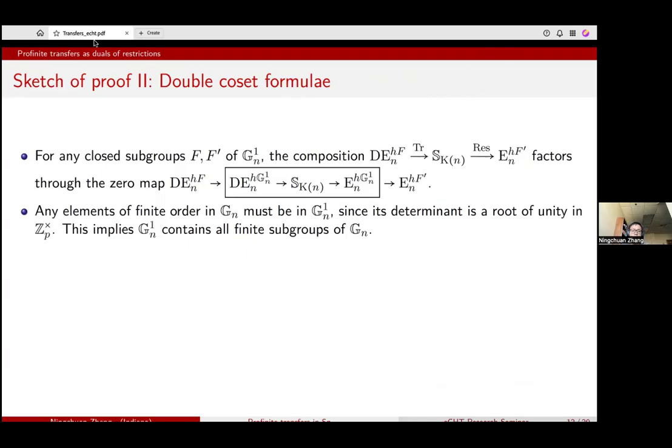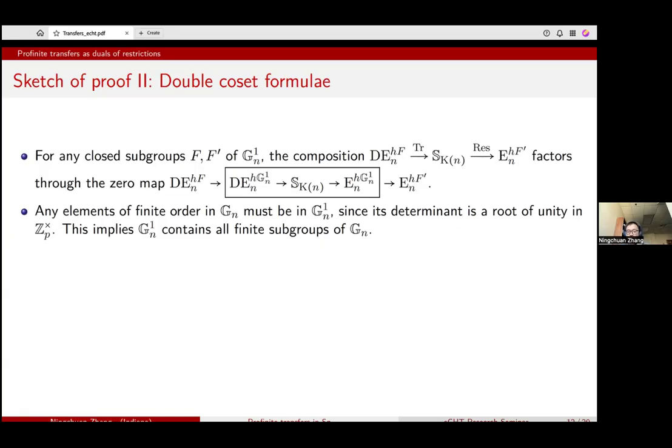Yes, so if you have any closed subgroup of Gn^1, then this composition factors through the zero map in the box, where this is part of the fiber sequence, the fixed point fiber sequence that we can use to compute the homotopy groups of the canonical sphere that I showed you earlier.